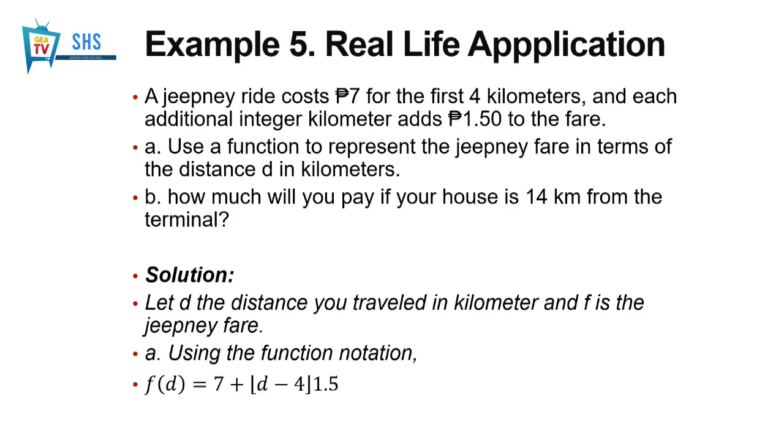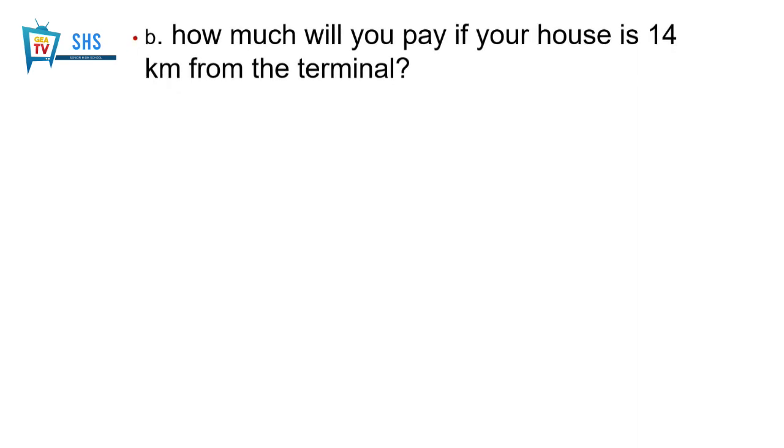Given that we have 14 kilometers from the terminal, how much will you pay if your house is 14 kilometers from the terminal? So given the function 7 plus d minus 4 times 1.50, and you have 14 kilometers, and since 4 kilometers is already paid under 7 pesos, we have 14 minus 4 is 10 kilometers.